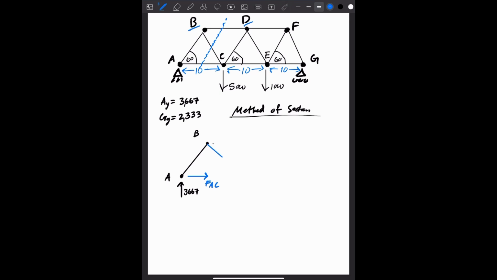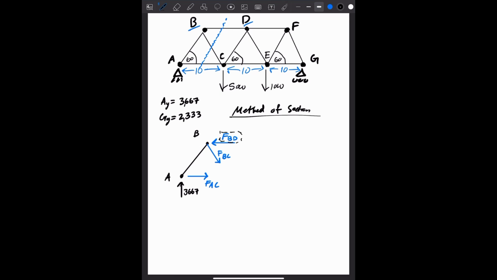We have FBC here. And then we have FBD. And what we are solving for in this problem is FBD.